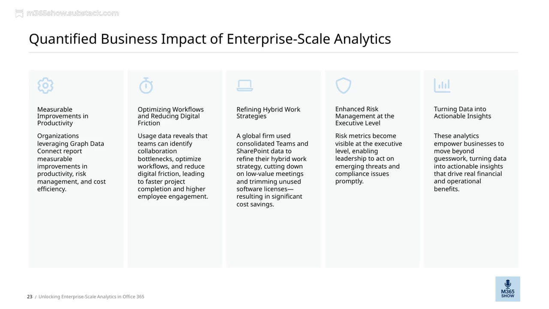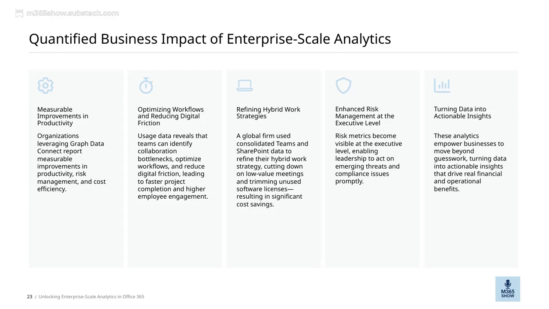Similarly, usage data can help teams spot collaboration bottlenecks, optimize workflows, and reduce digital friction. This not only speeds up project completion, but also boosts employee engagement, making work more productive and satisfying. Organizations that leverage Graph Data Connect have reported measurable improvements across the board, whether it's productivity, risk management, or cost efficiency.